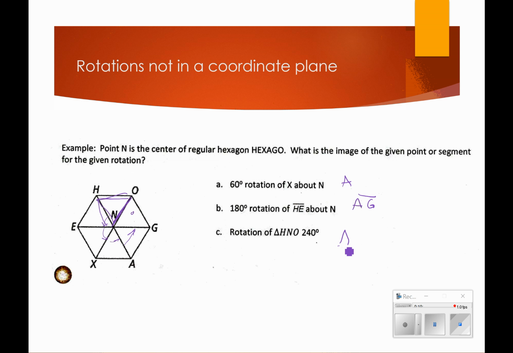We're going to do it in the same order. H is the front one. So A, N, G. Yep. A, N, G. All right.